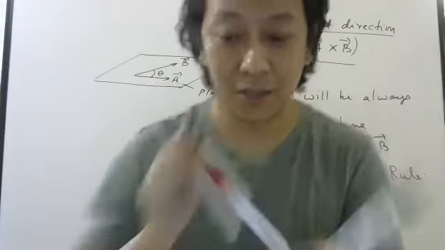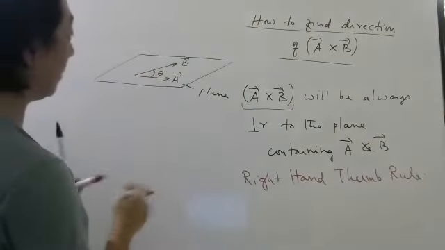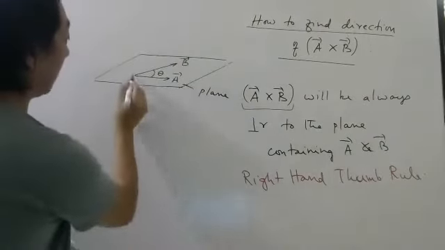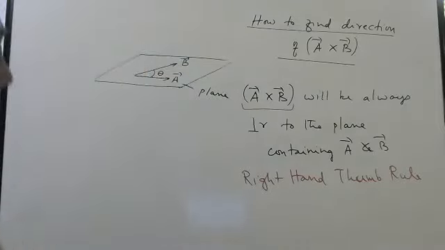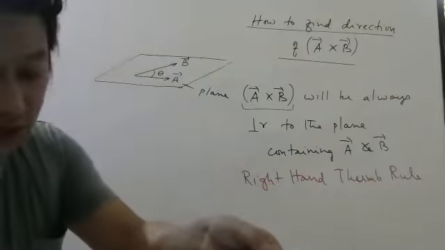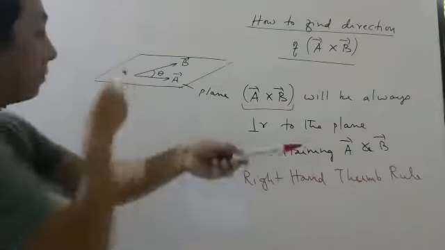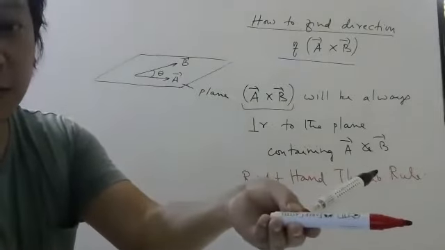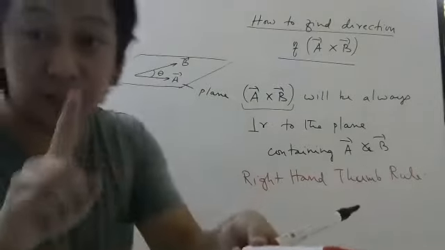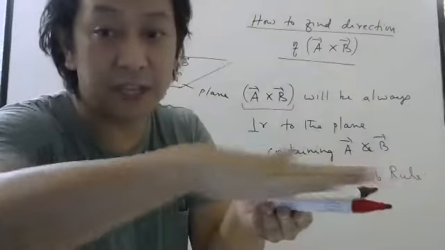Understood? So in this diagram, can you tell me whether A bar cross B bar will be upwards or downwards? Everybody try. In this diagram, A bar is here, B bar is here. First, find the plane.